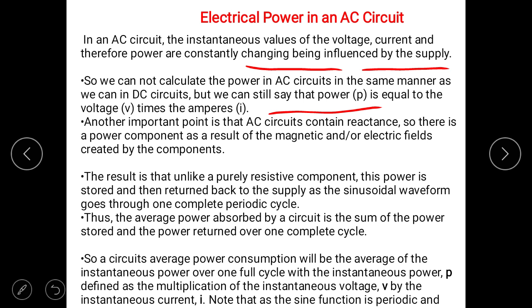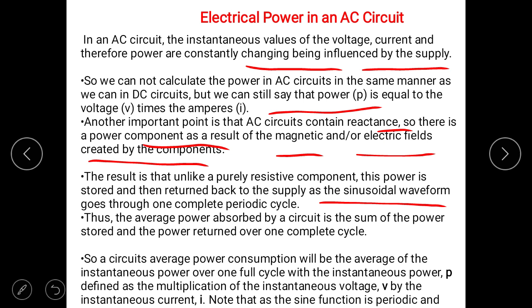Another important point: in an AC circuit containing reactive components, there is a power component as a result of the magnetic and electric fields created by the components. The result is that, unlike a purely resistive component, this power is stored and then returned back to the supply as the sinusoidal waveform goes through one complete cycle.